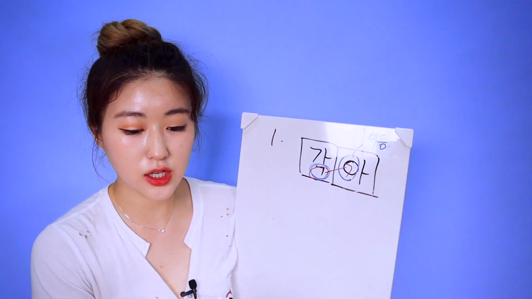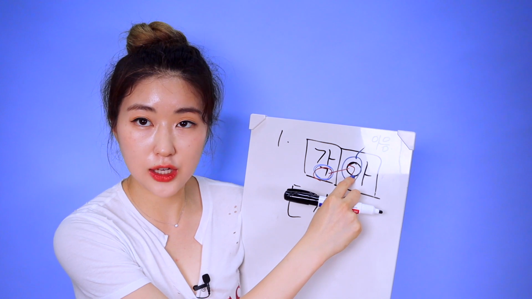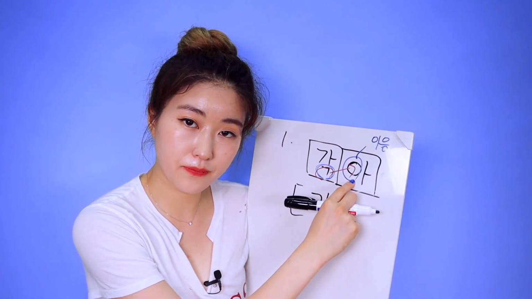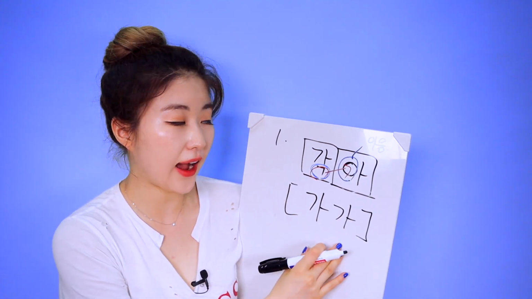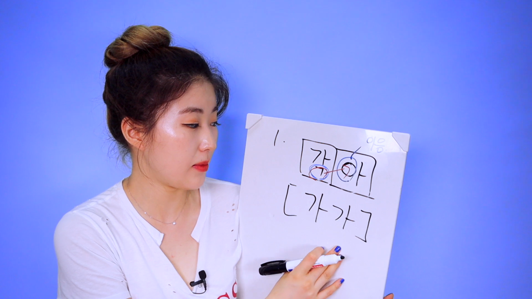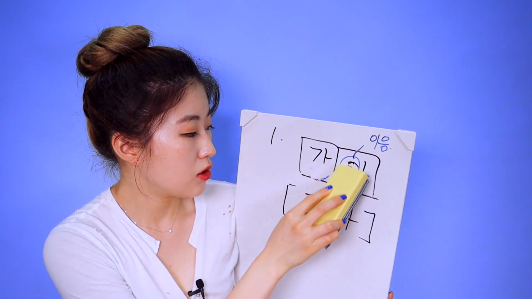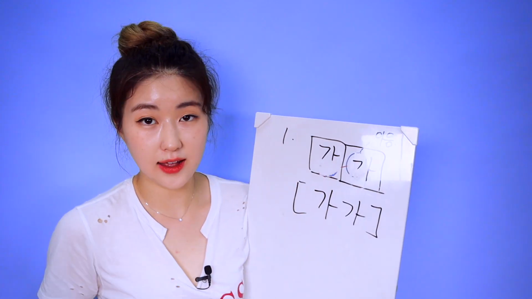So the pronunciation becomes 가, you move the last consonant, the 받침, to the no sound value consonant. So the pronunciation becomes 가가. You understand what I mean? You move this consonant to here, and then it becomes 가가.